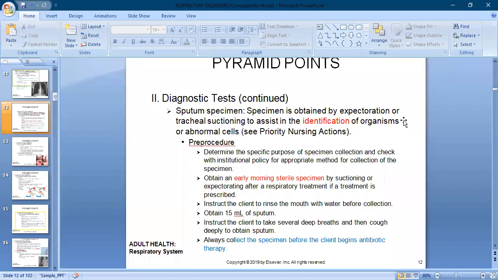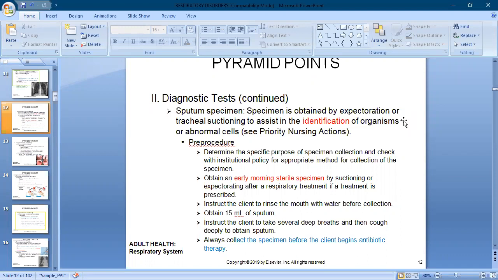So if you need to collect the sputum for identification of the organism, make sure your patient has not taken the antibiotic yet. If the patient starts the antibiotic, you will not get any organism inside the sputum.